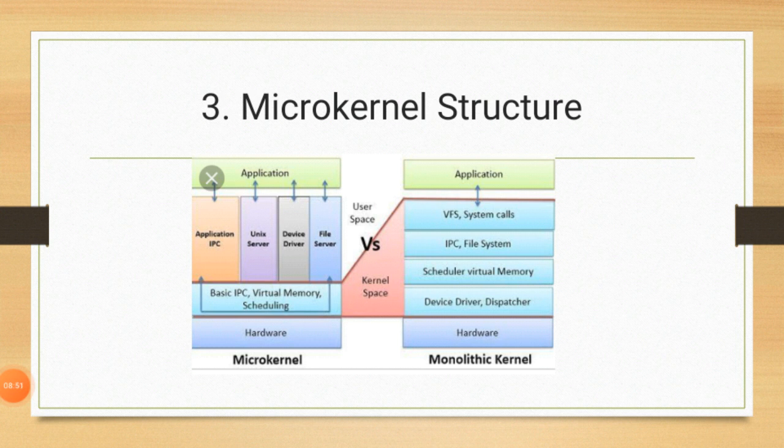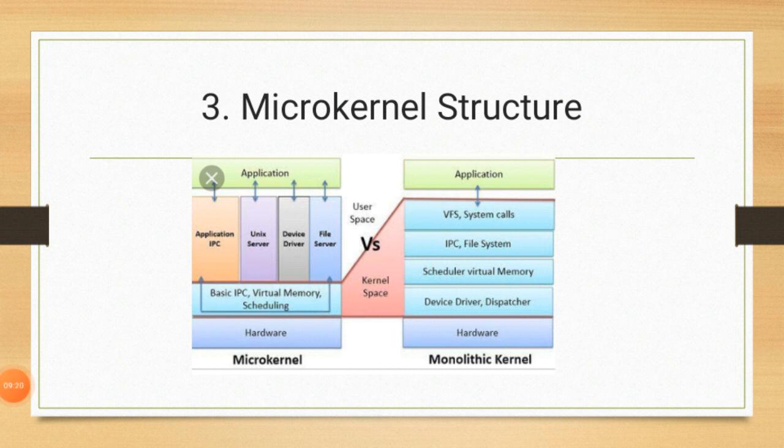Coming to the microkernel, as the name itself indicates, we are going to have a smaller kernel under this structure. This method structures the operating system by removing all the non-essential components from the kernel, and we implement them as system and user programs.